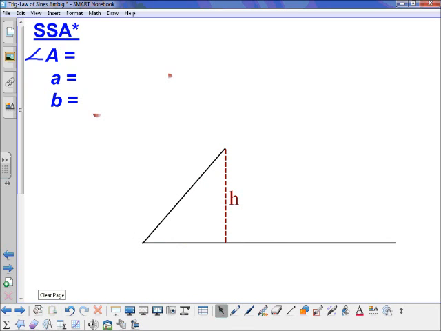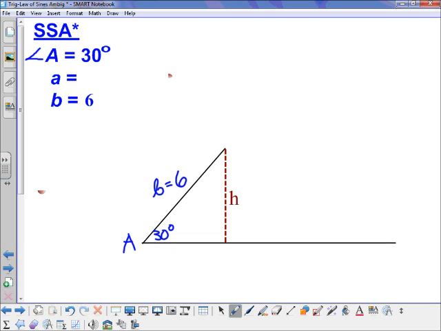And I'm going to throw in some values here. I'm going to make A 30 degrees. So I'm going to mark this is angle A, 30 degrees. I'm going to make B, again, that letter doesn't match A, so that's the top side here, equal to 6.